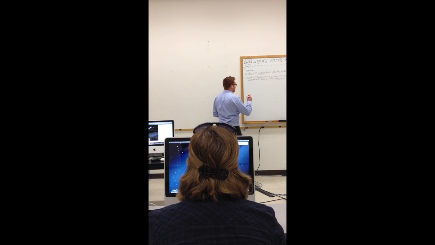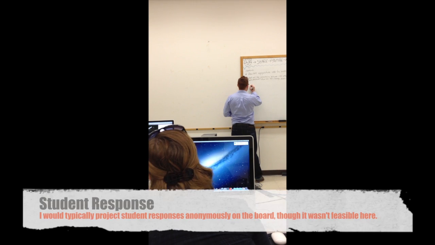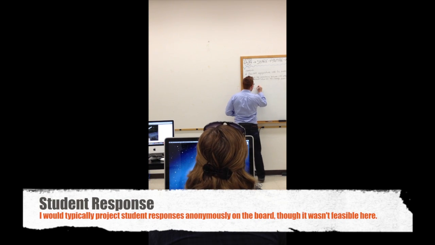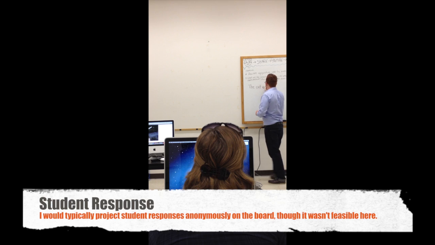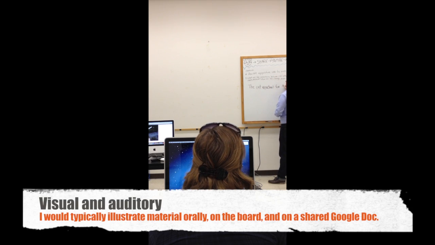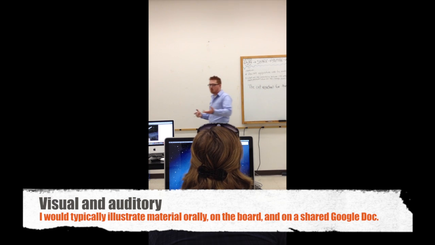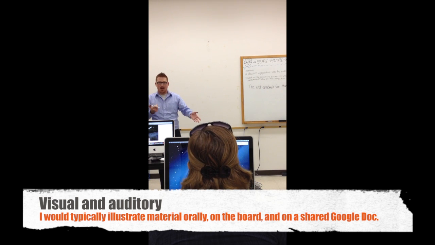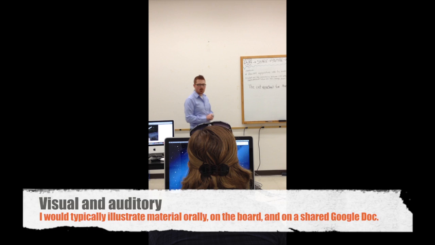Erin, what did you have? I had the cat reached for the butterfly. Great. The cat reached for the butterfly. A great sentence. It illustrates exactly what's going on within the picture. The cat is reaching for the butterfly.